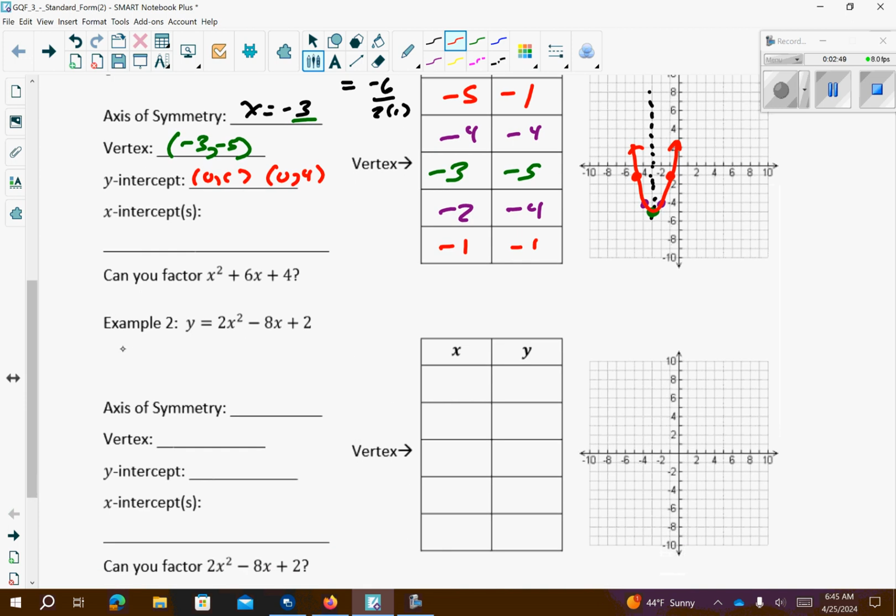So let's try this next one. I have a equals 2, b equals negative 8, c equals 2. So x equals negative b, so negative negative 8 over 2a, 2 times 2. Negative negative is positive, that becomes 8 over 4. So x equals positive 2.